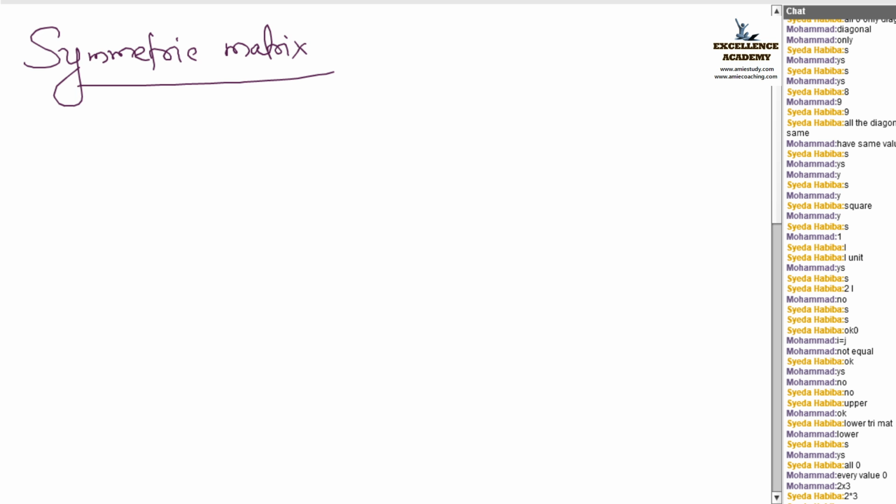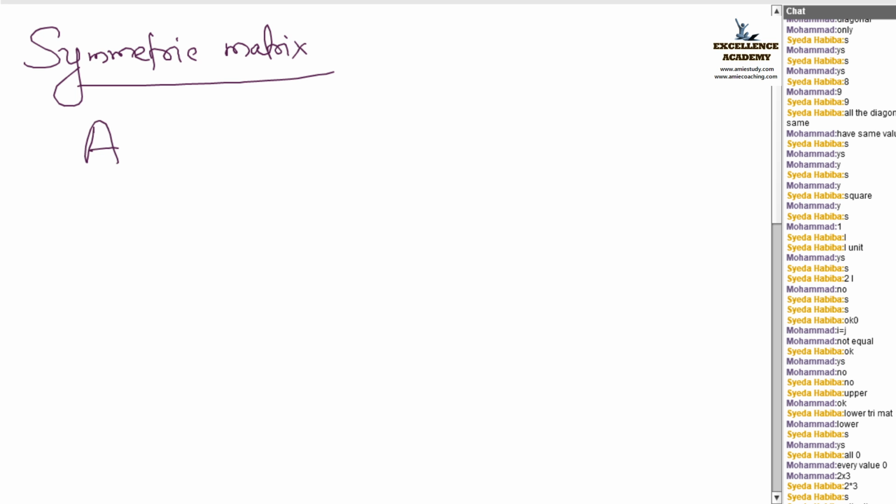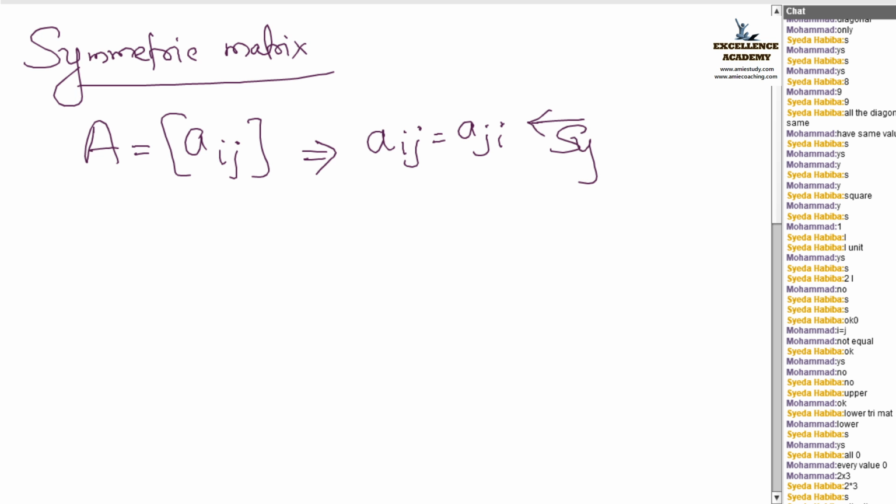If I represent A equal to matrix Aij, then if Aij is equal to Aji, it is known as a symmetric matrix.